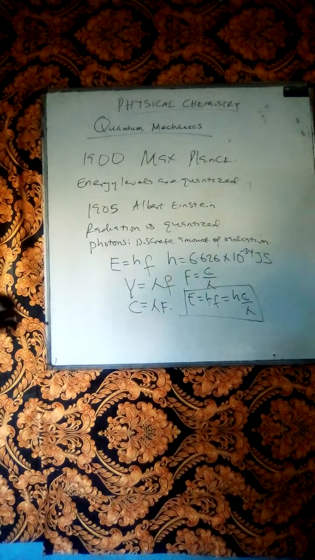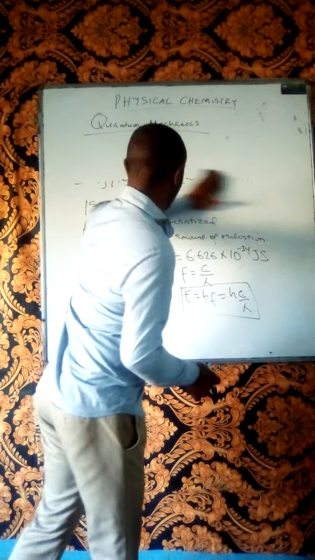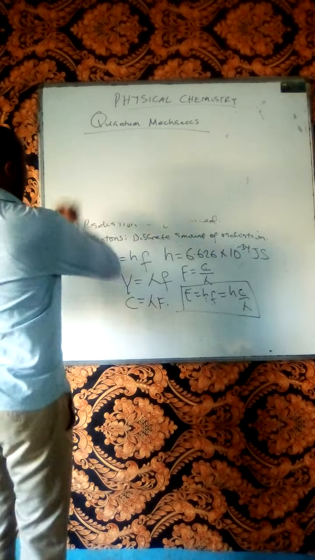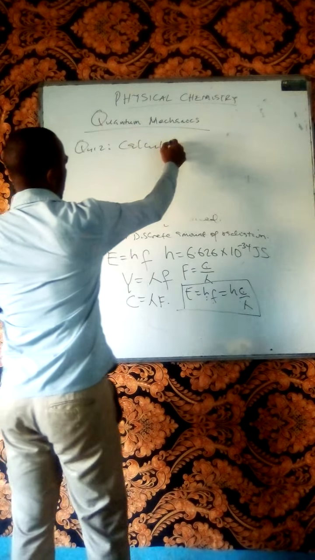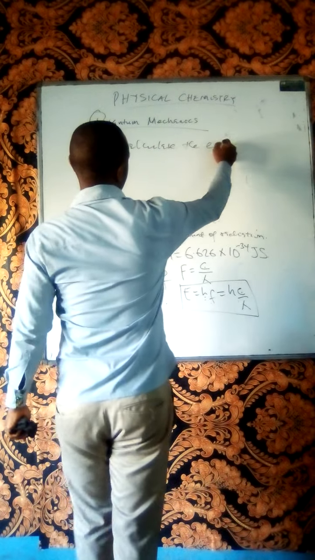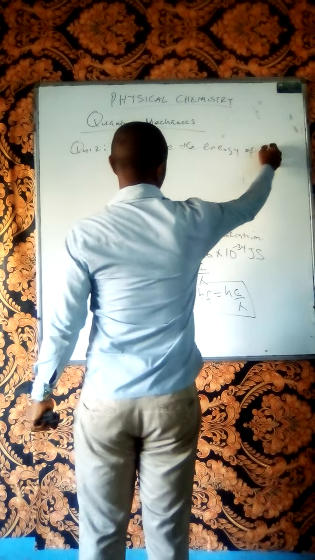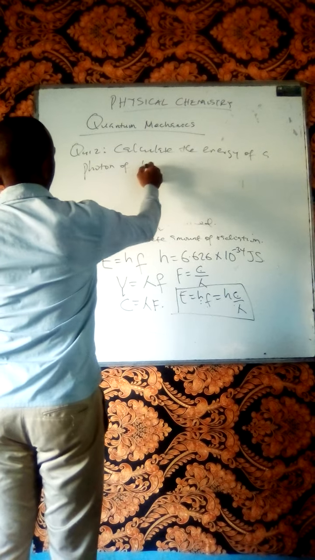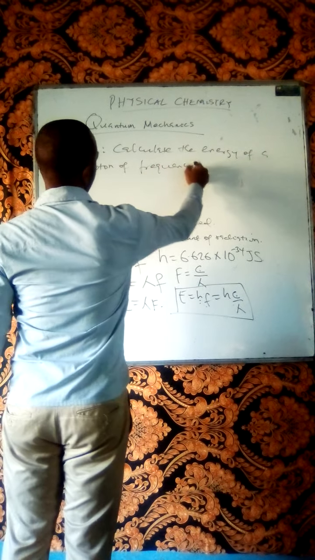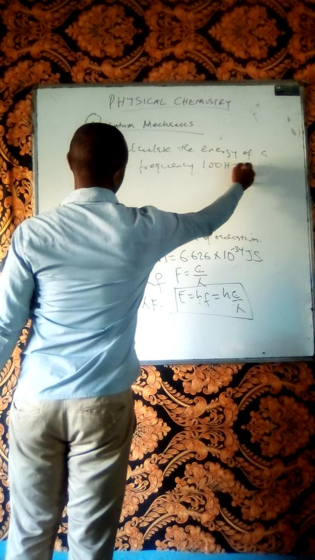Then, how do we apply the Planck equation? Let's have a question that says, calculate the energy of a photon of frequency 100 kilohertz.